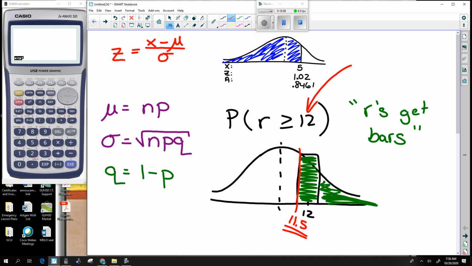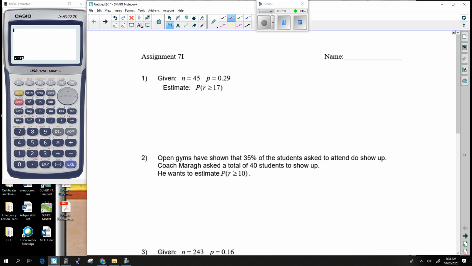All right, so here we go. Here they give us an N and a P. So what we want to begin this problem with is we want to find our mu and our sigma, okay? So if P is 29%, that implies Q is 71%. Again, if you don't know, it's 1 minus P. We'll get you the Q. So that implies mu in this situation, which is N times P, is going to be 45 times 0.29.